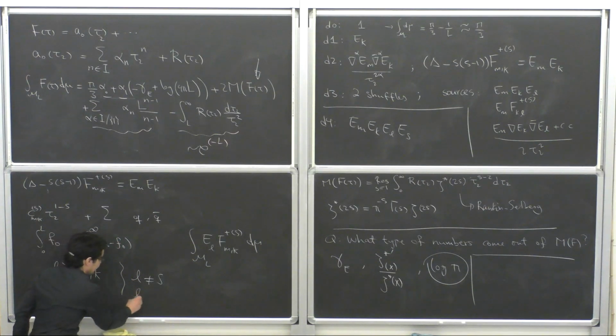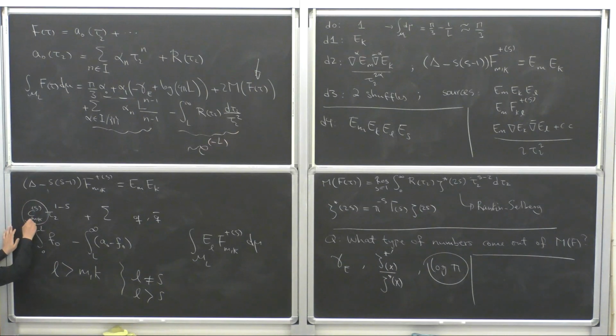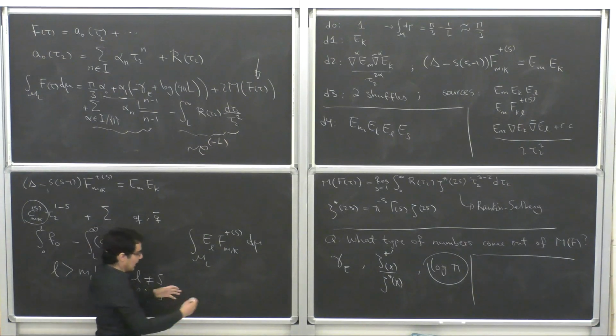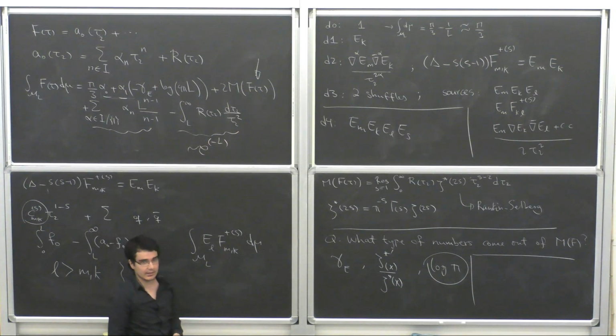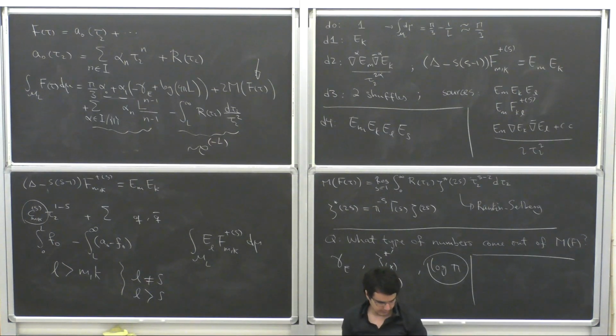So you first assume that L is bigger than S, then analytically continue L to S. And you get exactly the same coefficient that you got from resurgence. All the divergences get cancelled out. So this is also in close relation with resurgence.